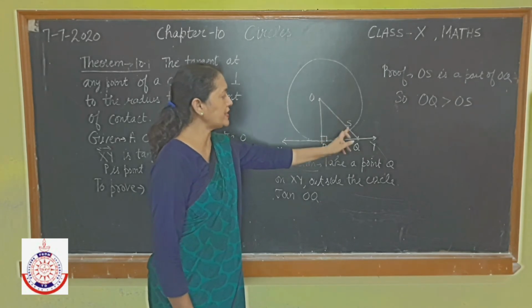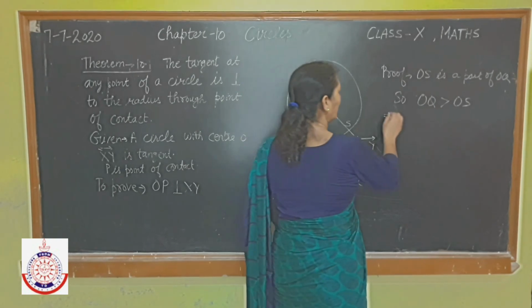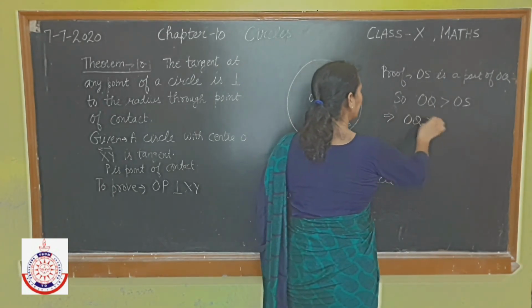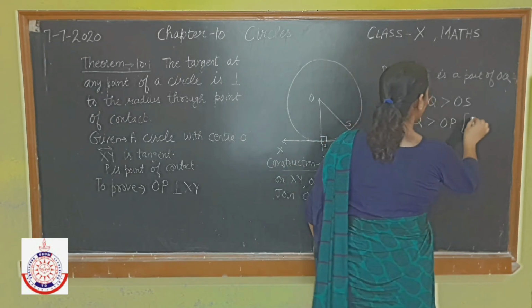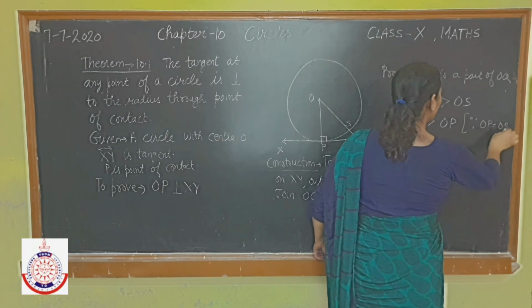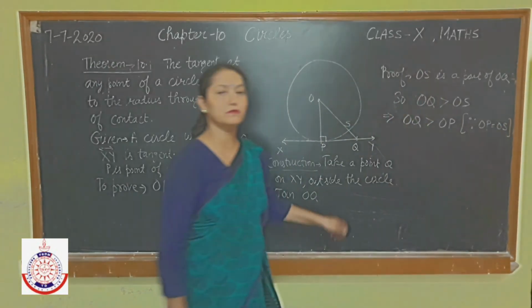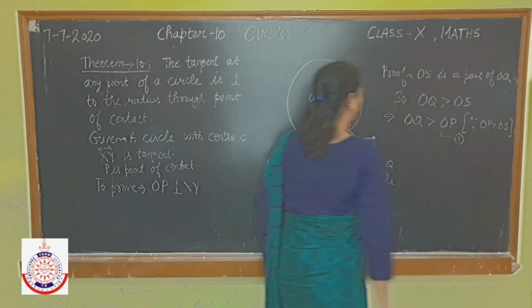But OS is a radius, OP is a radius. So can we say that OQ is greater than OP? Because OP and OS are one and the same thing. This thing we have got. So let it be the first one.